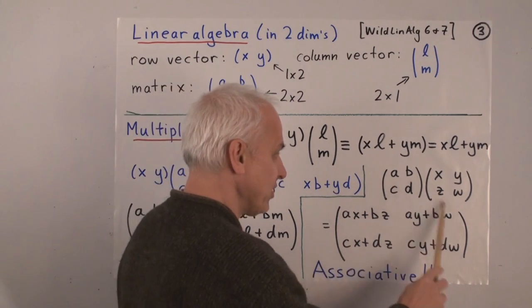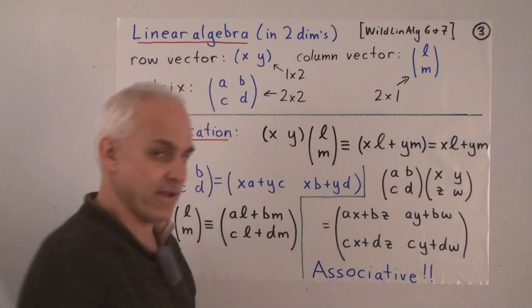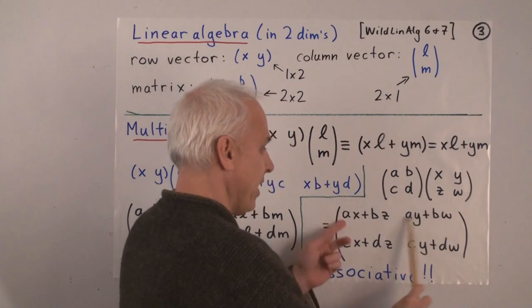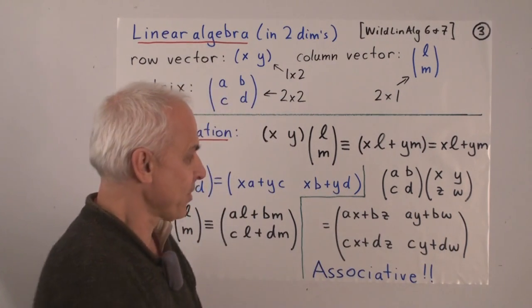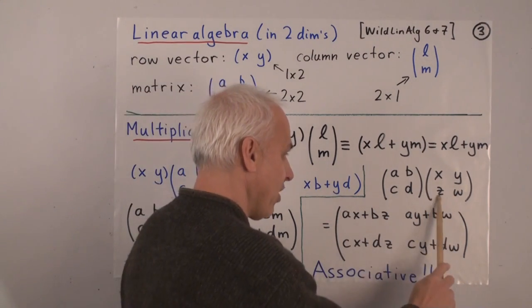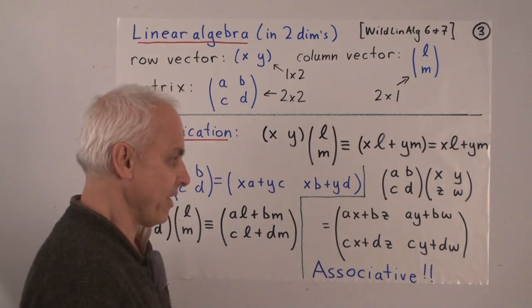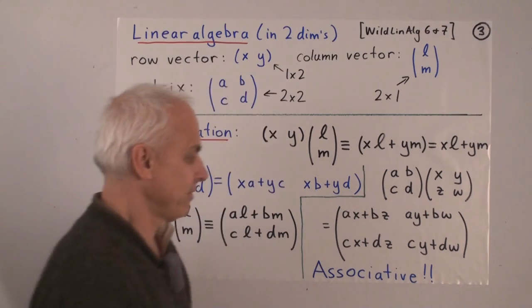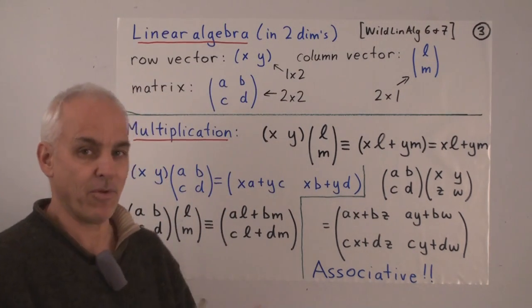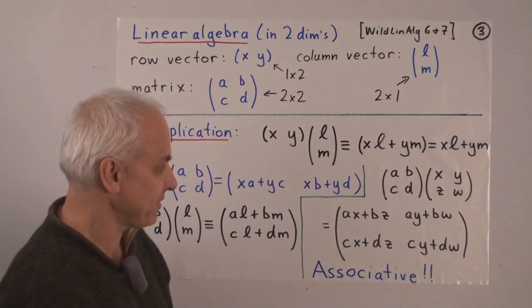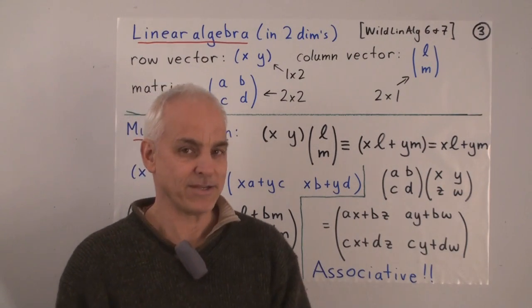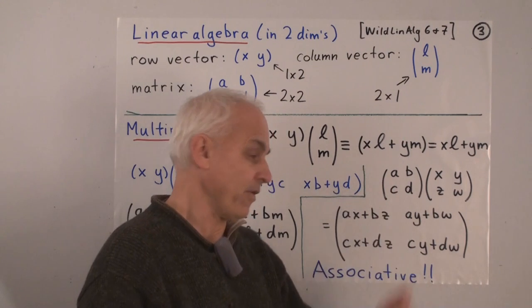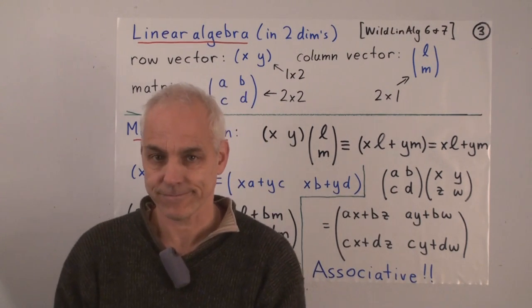So we could do this row times that column, that would be that number there. Or we could do this row times that column, that would be put over there. Or this row times that column, which we put down there. Or this row times that column, and that's put down there. So those 4 possible ways of multiplying a row of the left by a column of the right makes a new matrix, and that's the product of these two matrices.